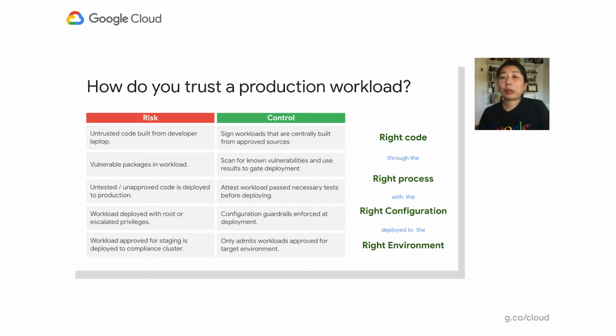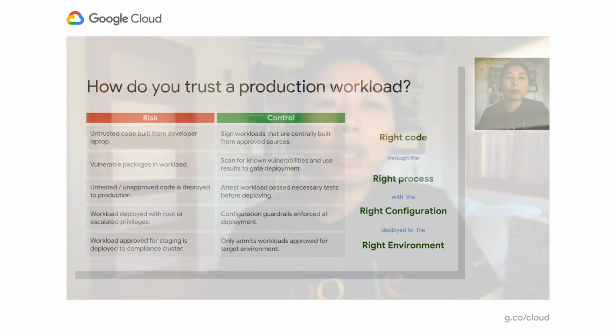Last but not least, the workload that is approved for one environment may not be suitable for the other. So it's important to have deploy policies that are environmentally appropriate to only admit workloads that are approved for the target environment. In summary, if we put in place all these controls, we should have trusted workload that are built from the right code, through the right process, and deployed with the right configuration to the right environment.